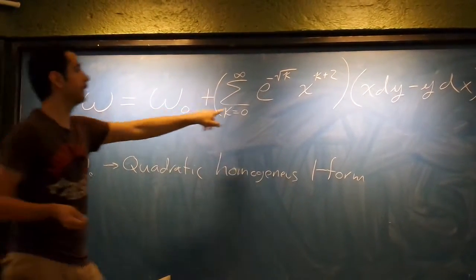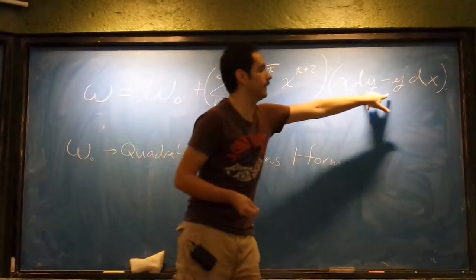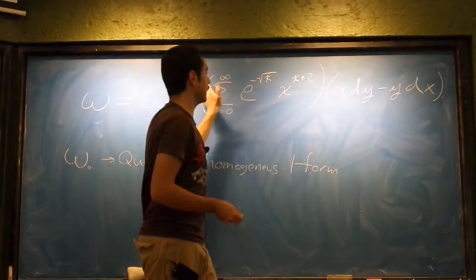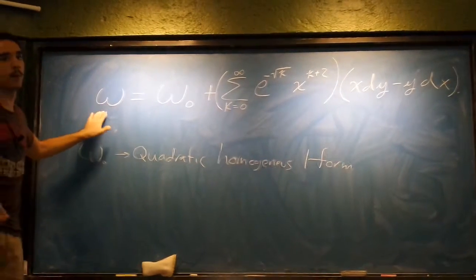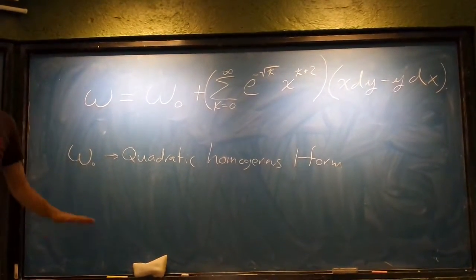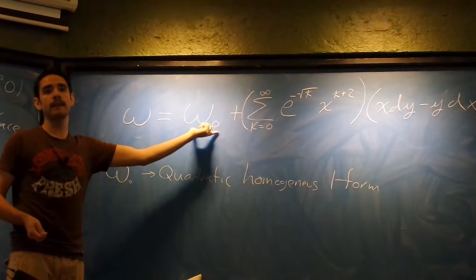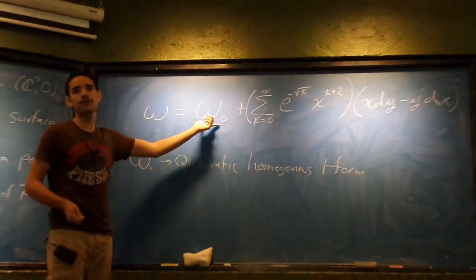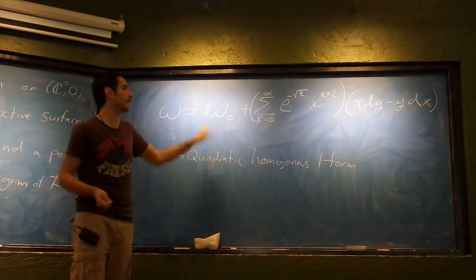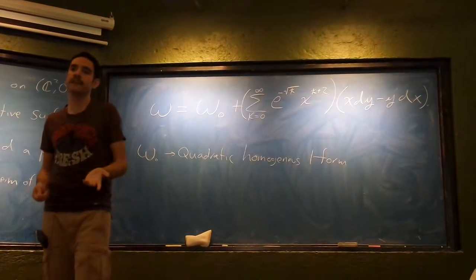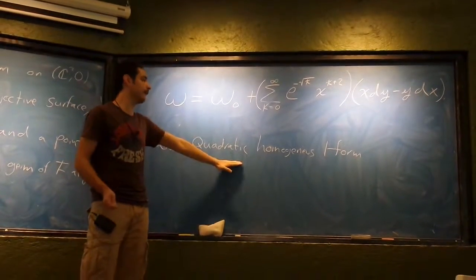And then since I'm starting here with x squared and I have already degree 1 here, these terms are terms of degree 3 and higher. So in particular, this is a one form which has 0 linear part. And then the first non-zero jet is the quadratic part. And what I'm saying is you can choose pretty much whichever quadratic part you like, and then the result will work. I just don't want to give an explicit expression because it's not relevant. But just choose almost any quadratic homogeneous part.